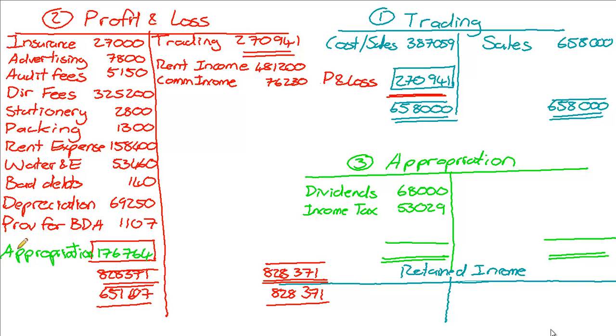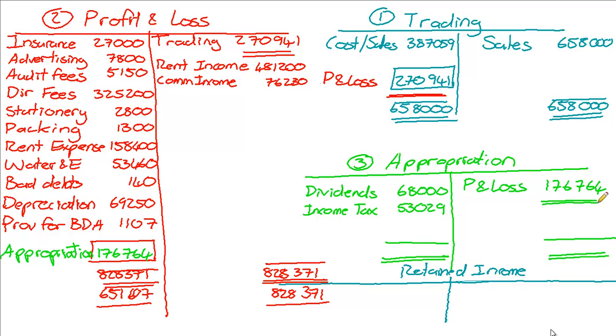So I'm going to debit the profit and loss account with 176,764, and I'm going to credit the appropriation account 176,764, and this came from the profit and loss account.